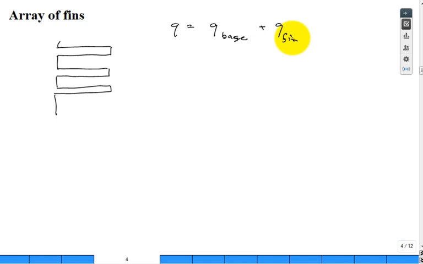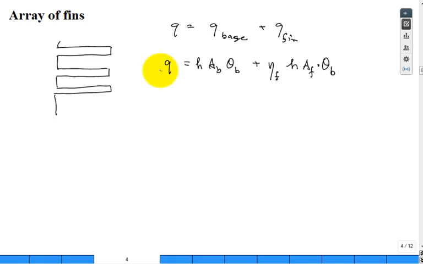Just like we did, you have to get the convection coefficient, which is the same for both of those, but you have to get the area of the base and multiply by that temperature difference of the base. Over here for the fins, you have the convection coefficient times the area of the fin times the theta of the base with one modifier, that's efficiency.